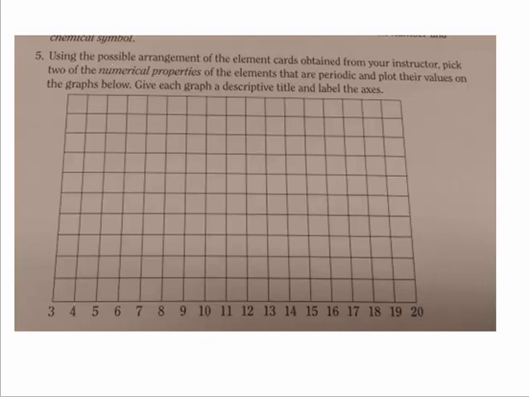In this question, it says use the possible arrangement of the element cards obtained from your instructor, pick 2 of the numerical properties of the elements that are periodic, and plot their values on the graphs below. Give each graph a descriptive title and label the axis. So notice that here is atomic number. It's labeled in the graph that's down there on your paper. And you have to pick something that is repetitive for the y-axis.